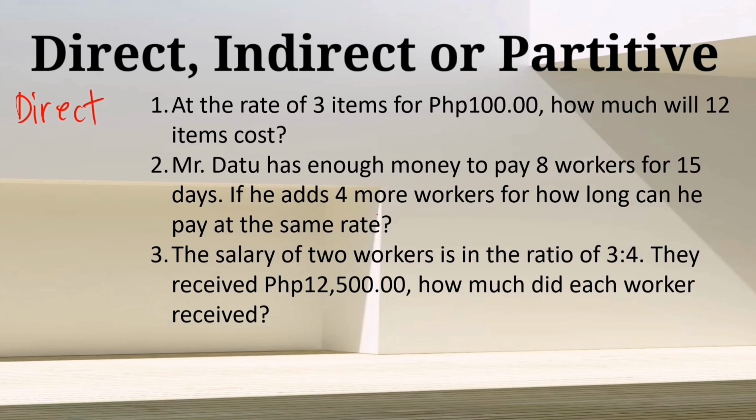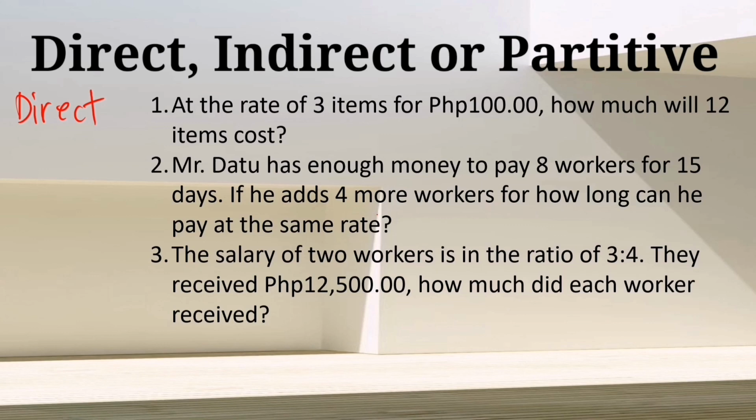So, ibig sabihin, sasapat naman yun, pagkakasyahin ni Mr. Datu yon, pero mas magiging maiksi na lang yung days o yung araw. Okay? Mas liliit na lang yung days na sasapat yung pera na meron si Mr. Datu.